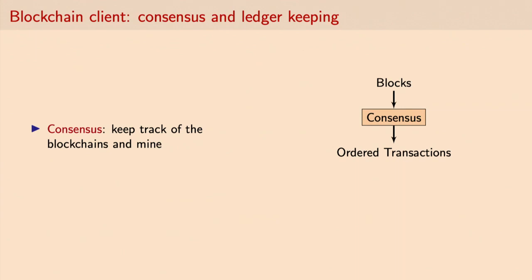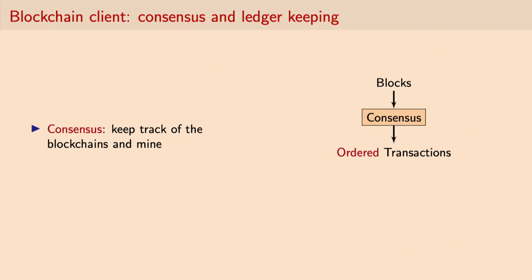It receives new blocks, connects them together into chains, and also mines new blocks. And also importantly, it takes the blocks and produces an ordering of the transactions. So note the word ordering here. The Prism consensus protocol's essential role is to order the transactions.